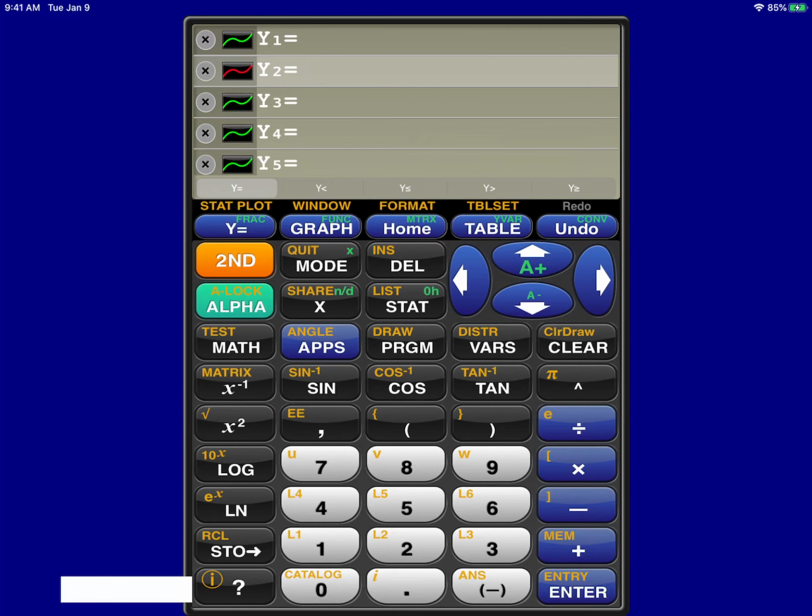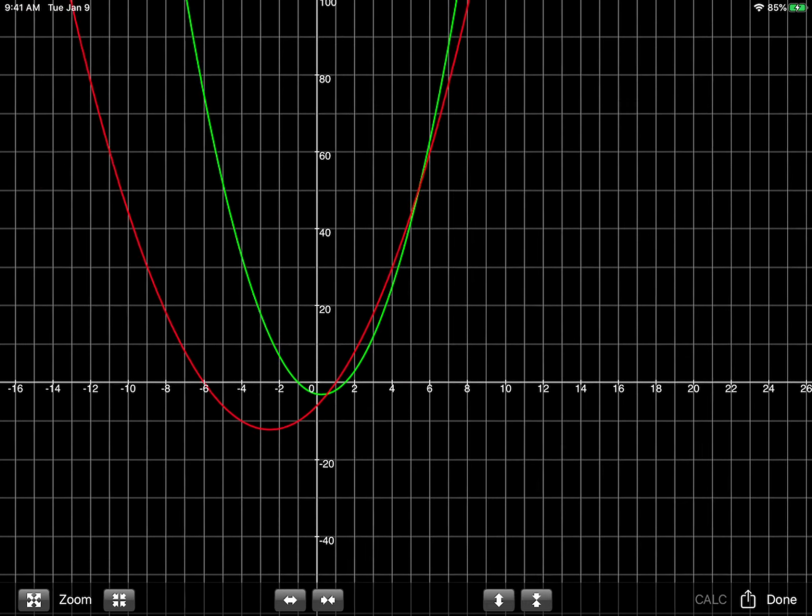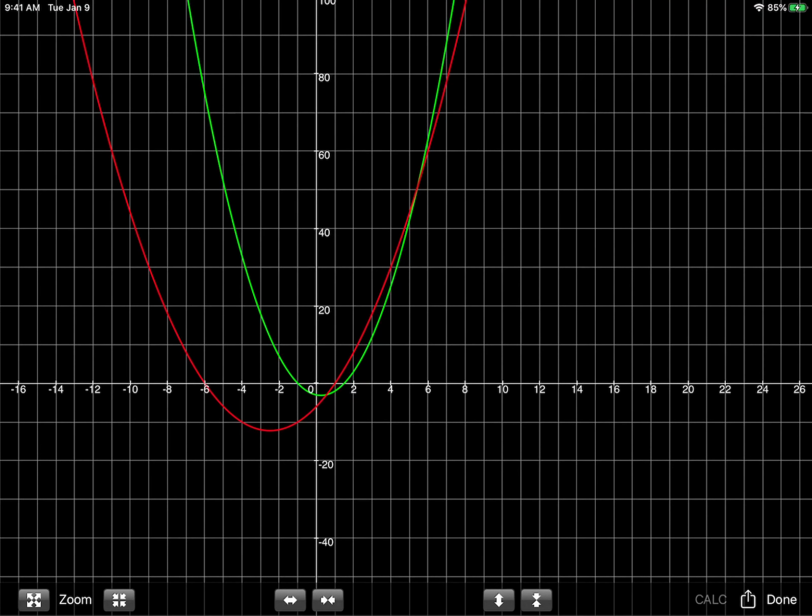Clear, clear. So I have 2x squared minus x minus 3, x squared plus 5x minus 6 graph. Uh-oh.